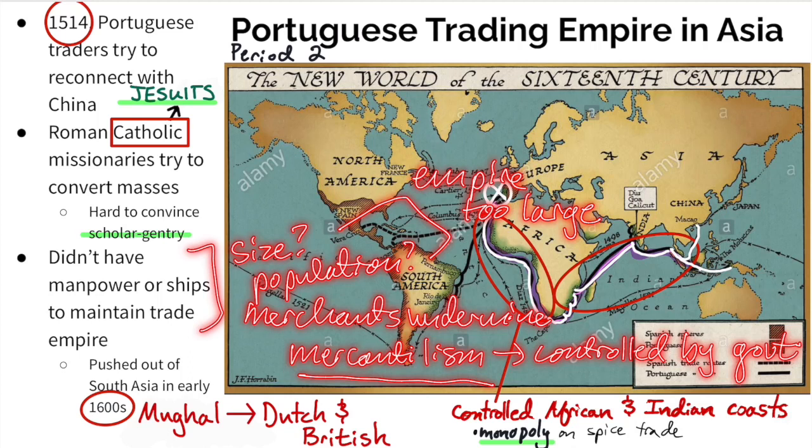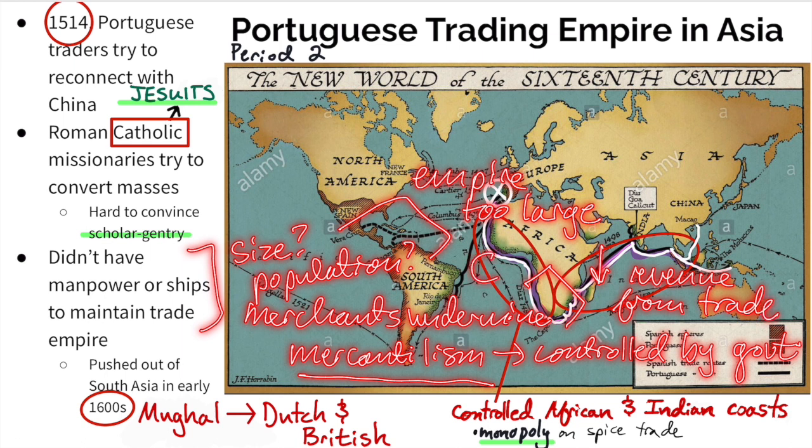Now, what this means is that the government is going to be accumulating less revenue, less money. And there's three ways that a government can make money. What are those three T's? Taxes, trade, and tribute. Exactly right. They can't get their revenue through trade because they're being undercut by merchants who want to practice laissez-faire capitalism.